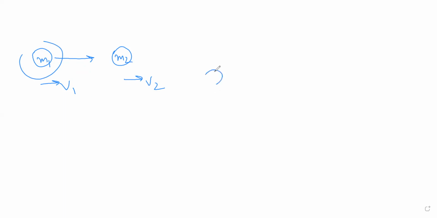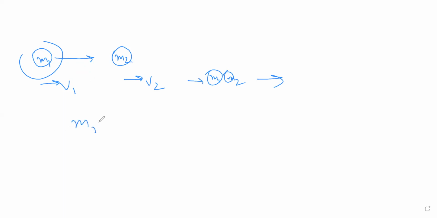Suppose we have an object M1, a billiard ball, or imagine it's a car, moving, and another billiard ball M2. M1 has some velocity v1 and M2 has some velocity, suppose v2. Maybe we hit this one very hard and this one is moving slowly. After some time, suppose M1 and M2 collide. So this is an inelastic collision.